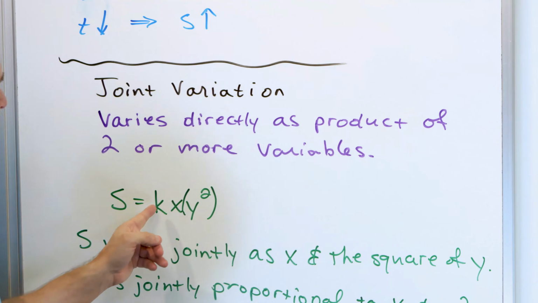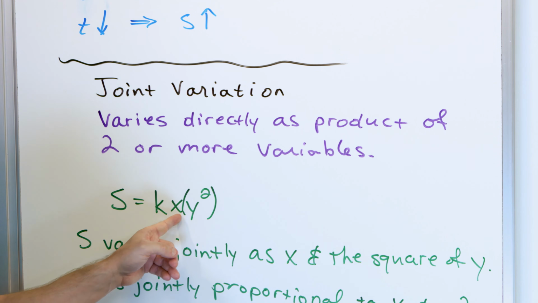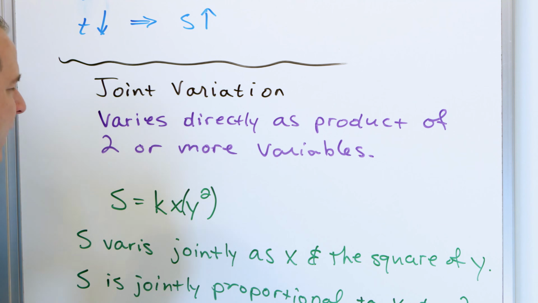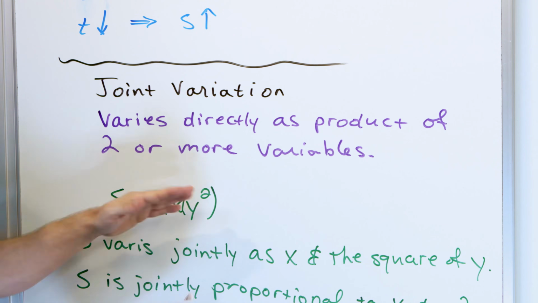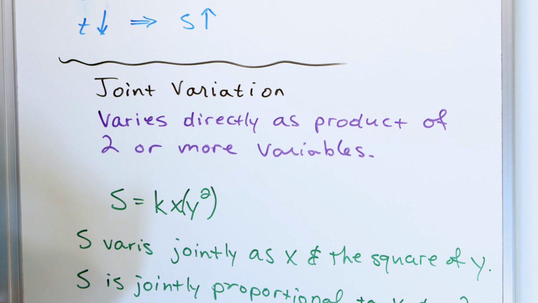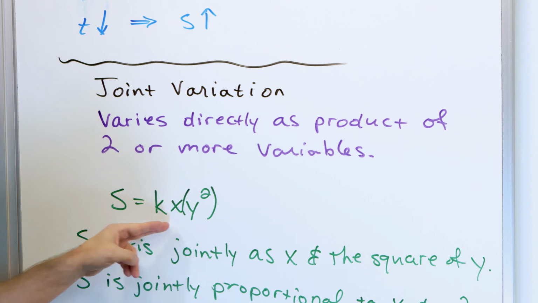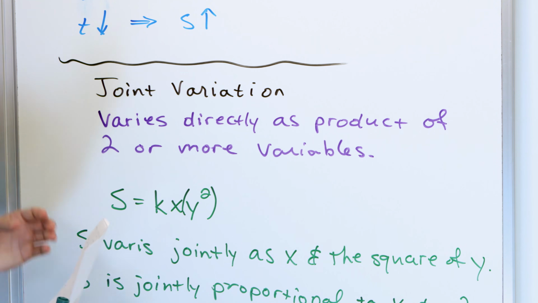We have a direct variation between s and x. We have another direct variation between s and the quantity y squared. But since they're all together in the numerator and they're multiplied, we say that we have a joint variation. Joint variation means it varies directly as the product of two or more variables. So we have a joint variation between x and y squared.